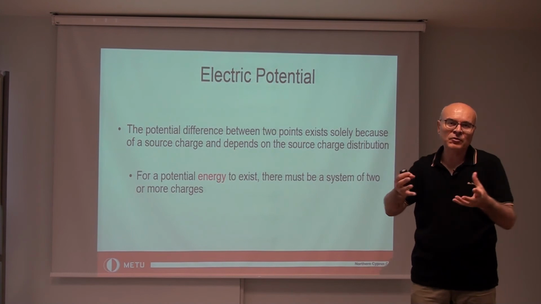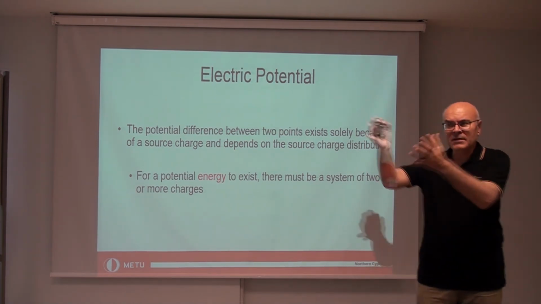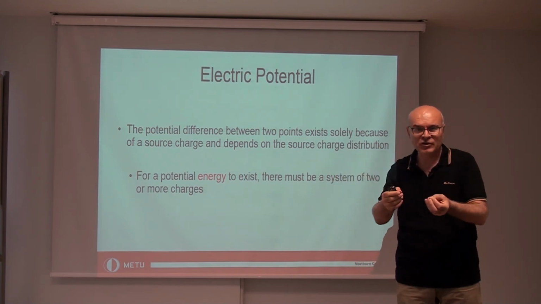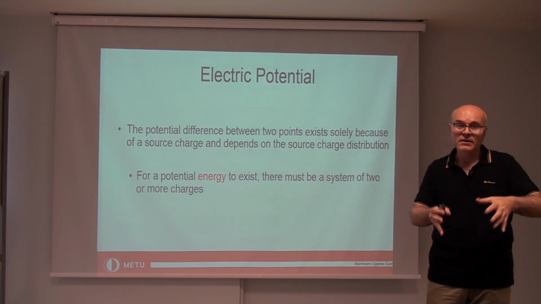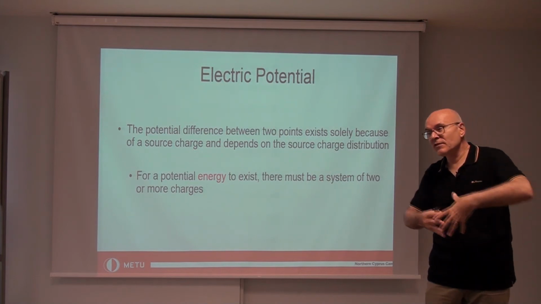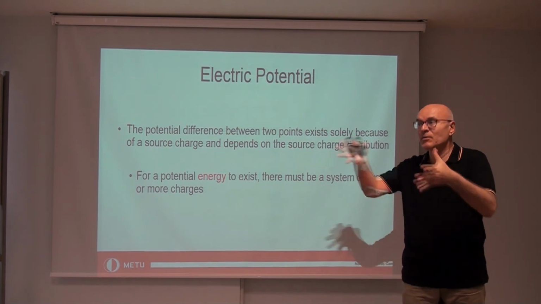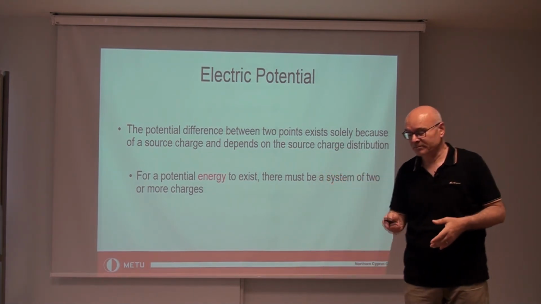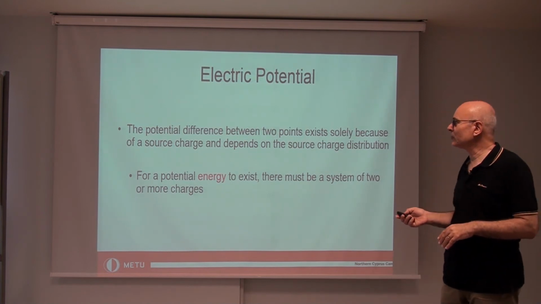In this case, you have potential energy. Like in the case of gravity, you need the Earth plus a mass in order to have a potential energy. For the potential, no. You need just a source, a charge or charge distribution that generates a field, and the potential exists because there is a field there. So this is something important and crucial.